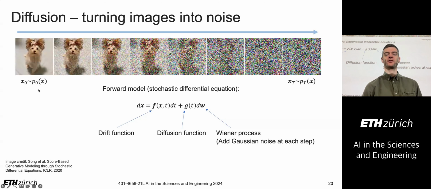If we sample from this distribution, we get a natural image. That's the distribution that we would like to learn. Then we apply diffusion all the way down, and we can assume that our diffusion process ends up at some very simple, well-defined distribution, say a Gaussian distribution over those pixels. We would call this a prior distribution.